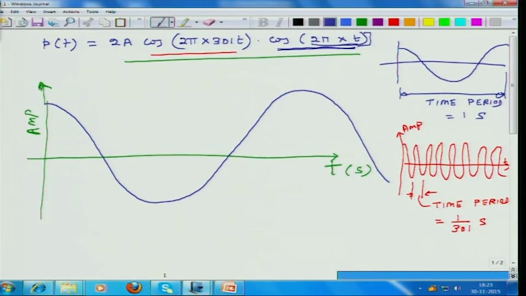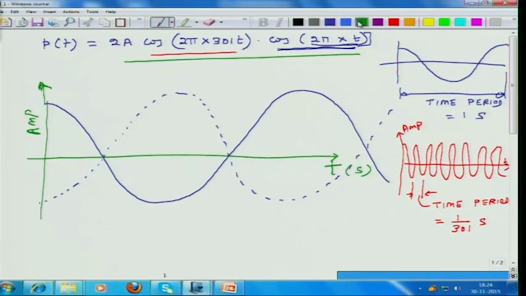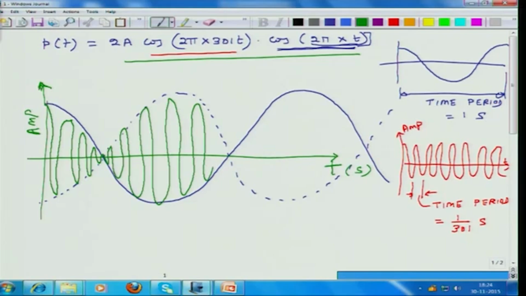It's going to behave like this, and I'll also draw its mirror image. And now this blue line is the envelope of the overall function, and within this envelope there will be pressure fluctuations, and they are going to be like this. You have to pardon my drawing, but I hope you get the picture.